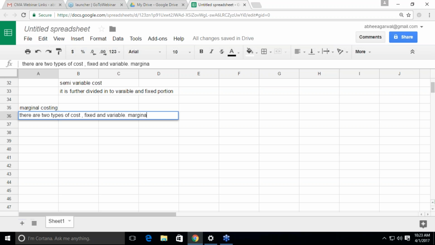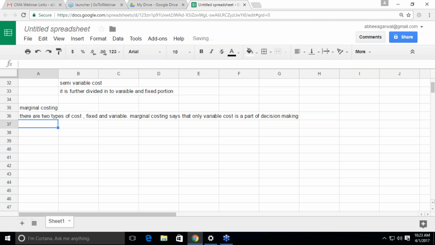Marginal costing says that only variable cost is a part of decision making.